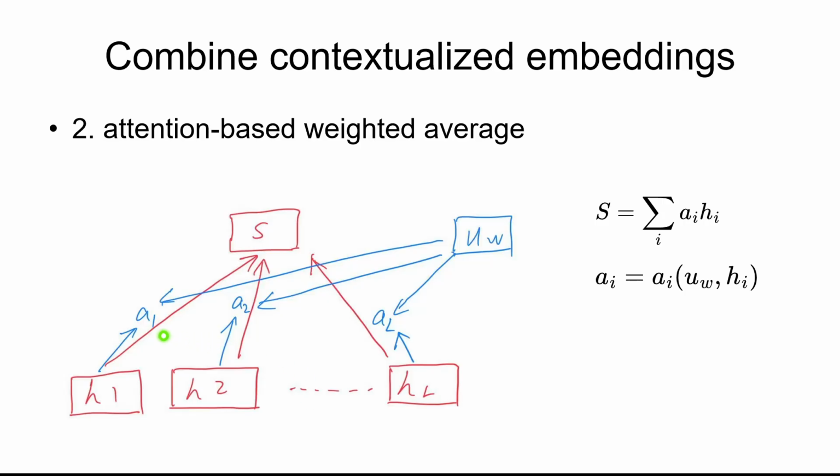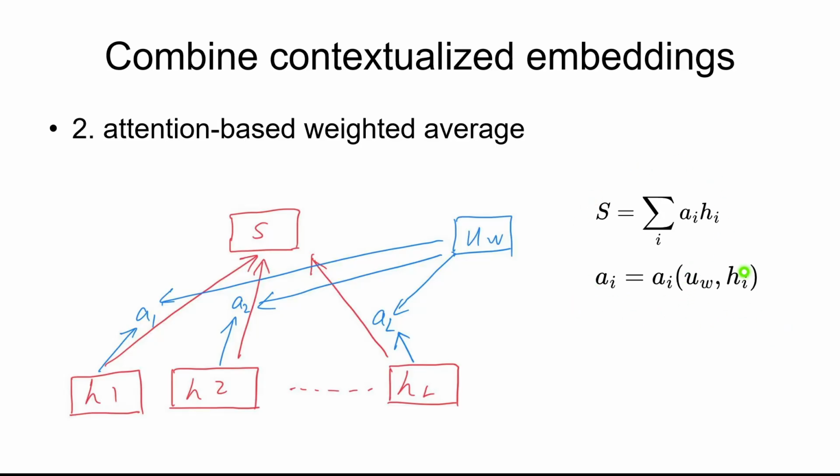We compute these weights A_1 to A_L, and then take the weighted average, S, of the contextualized embeddings. Each attention score A_i is a function of a vector u_w and its own contextualized vector H_i. So we can compute the attention like this.